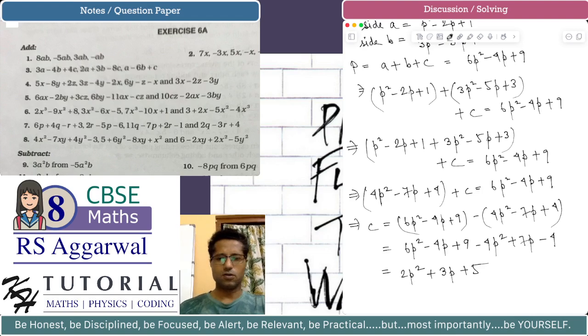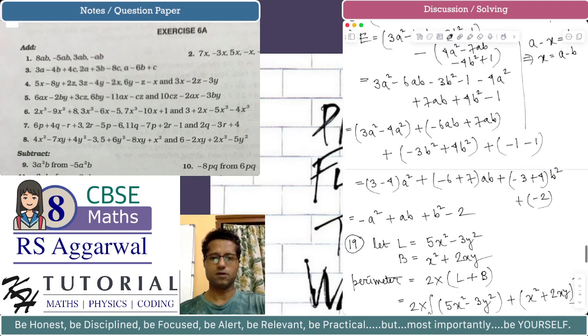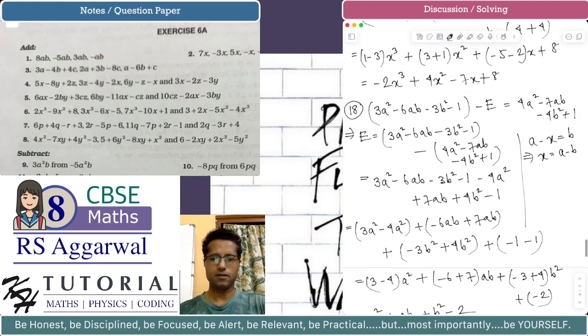So I think it was already known to you, but anyway, for the sake of completeness, I solved some problems and also discussed the concepts of how we add and subtract two algebraic expressions based on the addition and subtraction of like terms. So in the next part, I will discuss how we multiply and divide algebraic expressions.